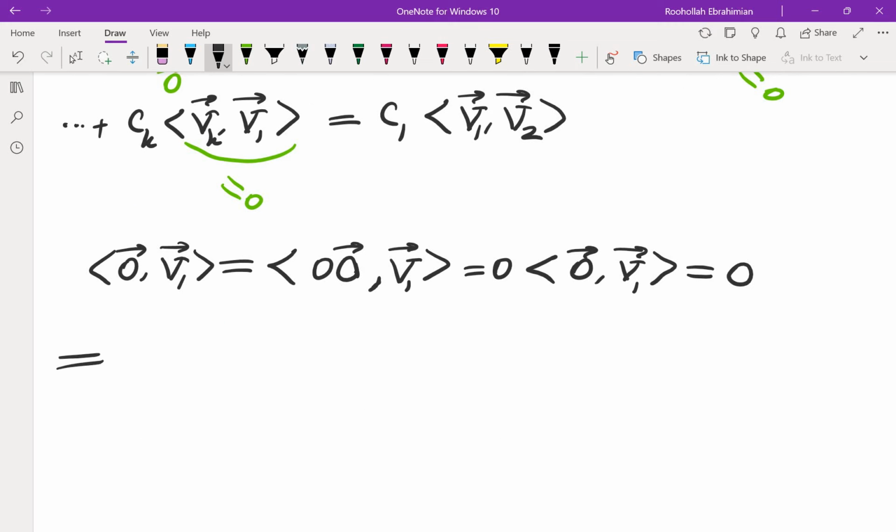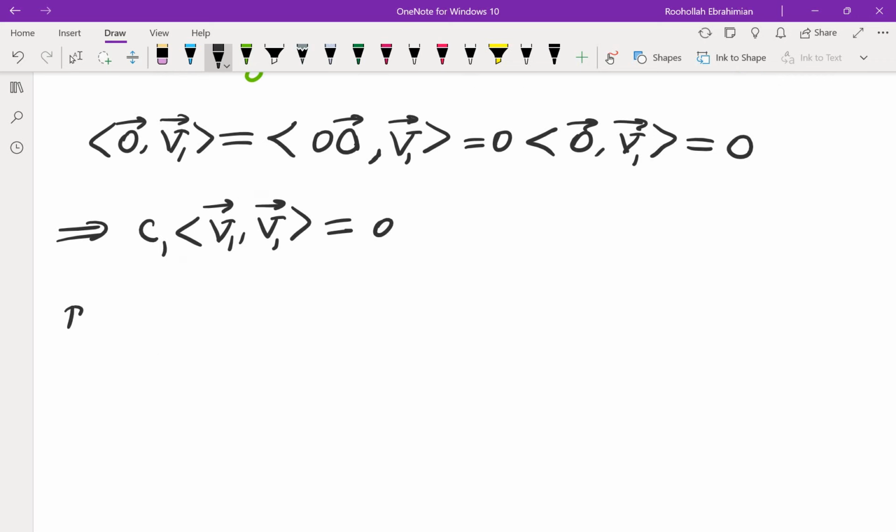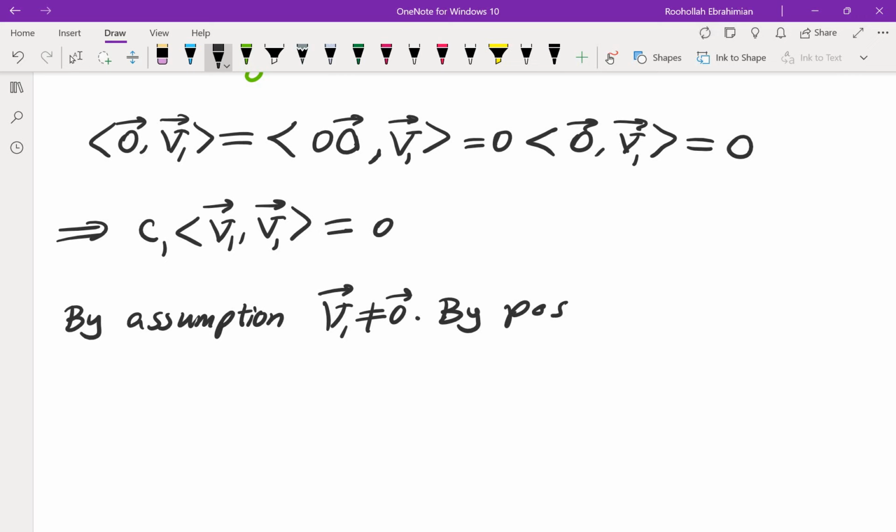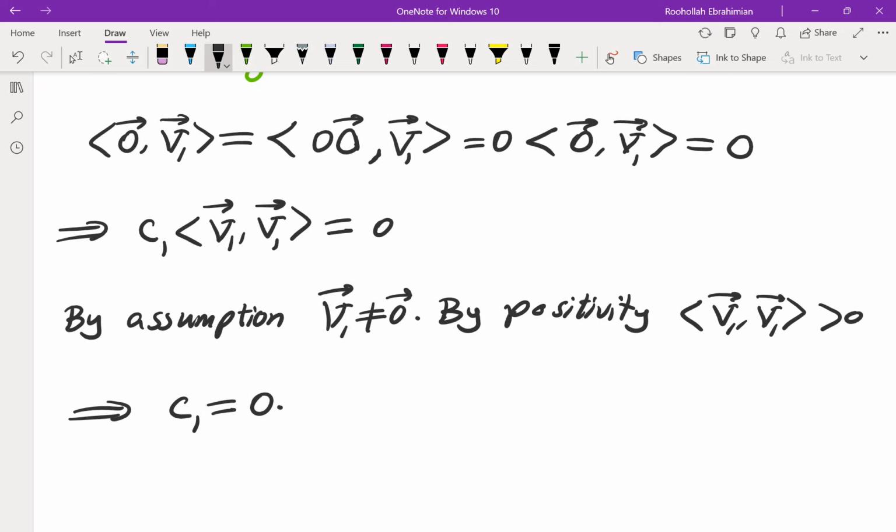So that means c1 times the inner product of v1 and v1 is just 0. But v1 is non-zero by assumption. So by positivity, the inner product of v1 with itself is positive. So what does that mean? It means c1 must be 0.